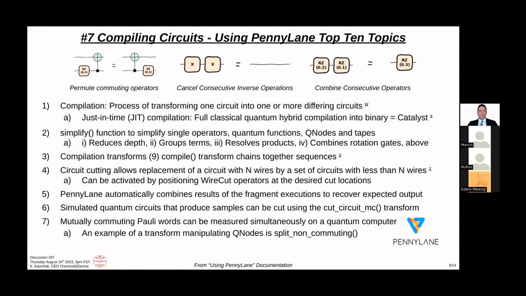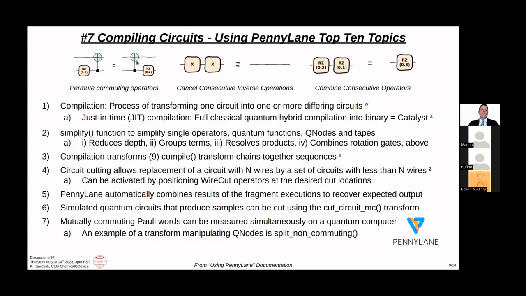So if you're running on whatever CPU simulator, it's going to save CPU RAM. Same thing with GPU RAM as well if it's a quantum simulator. What's interesting about this is it says it transforms into one or more differing circuits. Now, the ones I put up top are permute, and you'll see the differences between those two.